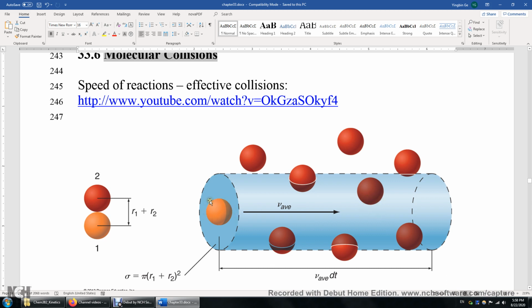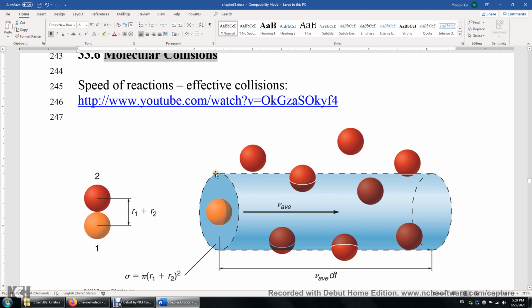However, when this orange sphere travels to this position, and then look at this red one, imagine at this position, there's no overlap, then there's no collision. So really, we just need to count the number of red spheres that would have any overlap with this orange sphere as it travels in this direction.